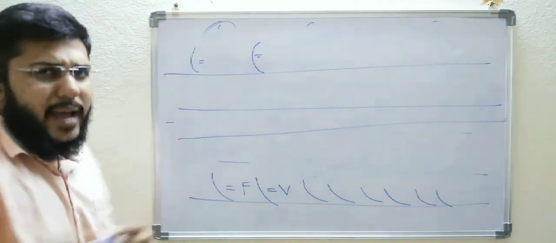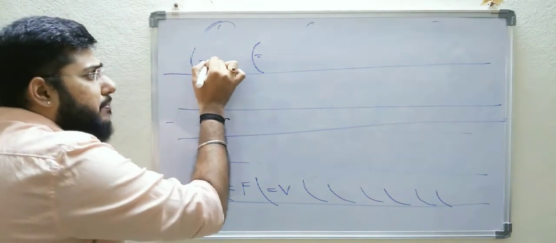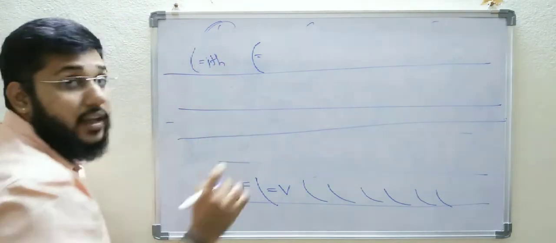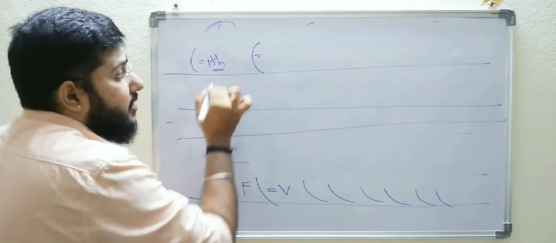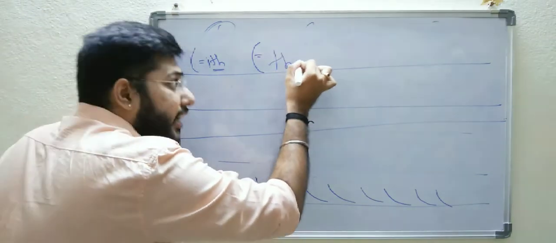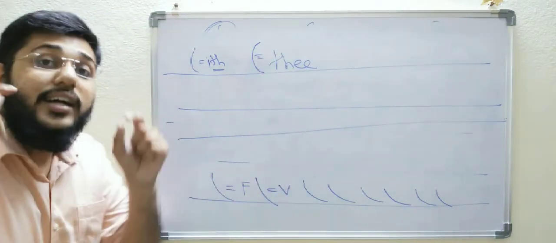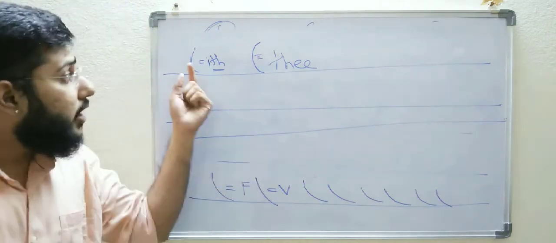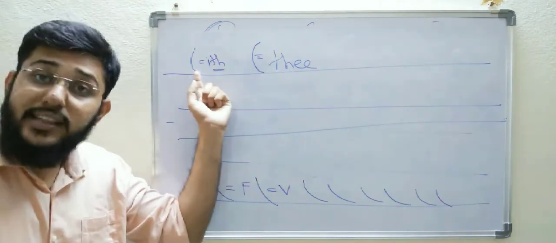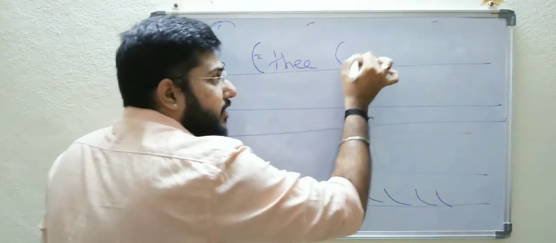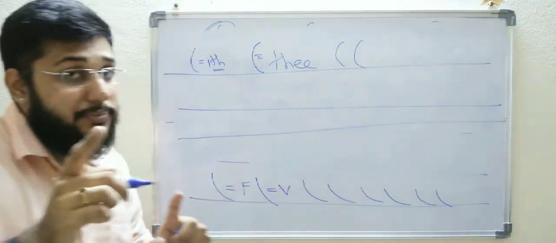So let us keep names, okay? The light open bracket we call it. The next one we call the. Like that we need to practice the difference between light and dark.